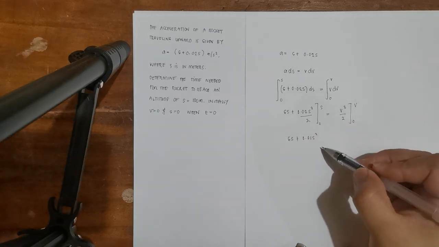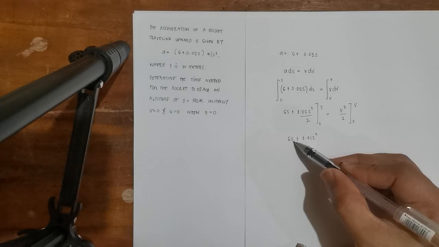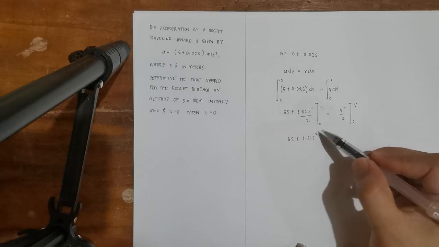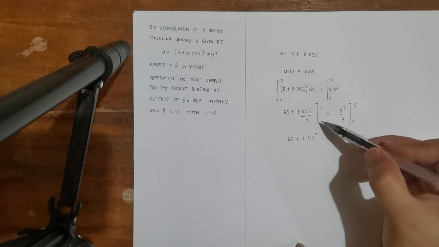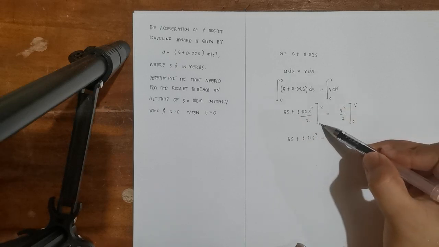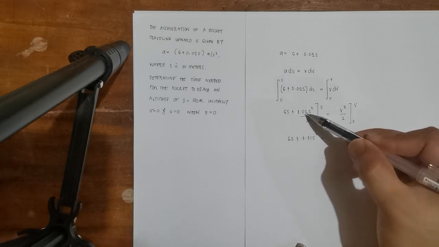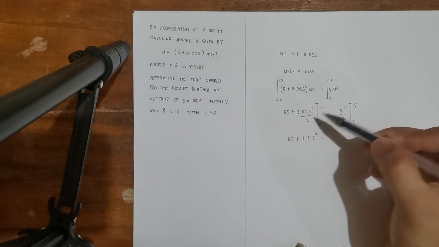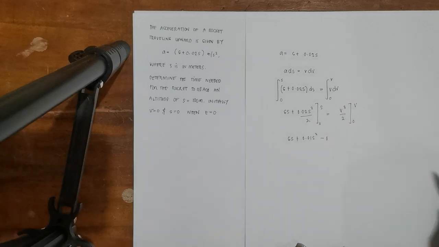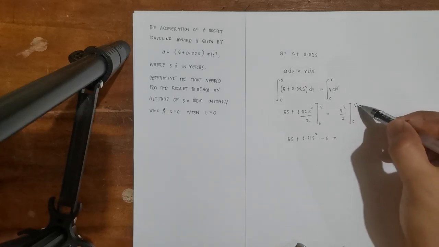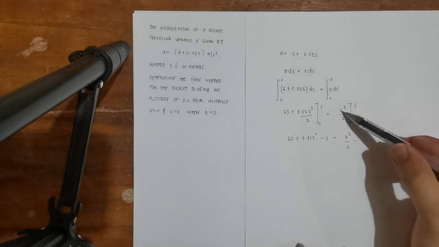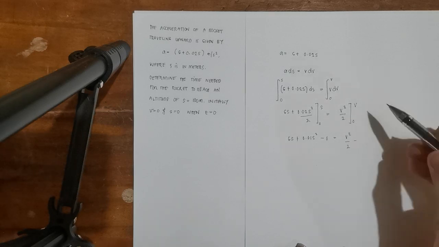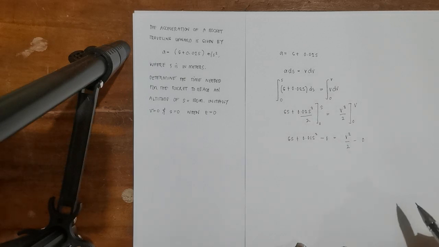So substitute first s, substitute as s, walang magbabago, minus, substituting the s as 0, so 6 times 0 is 0, 0.02 times 0 squared over 2 is 0, so that is 0. Equivalent to, substitute the upper limit first, that is v squared over 2, minus, substitute v as the lower limit, 0, so that is 0.